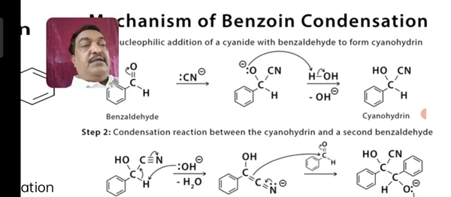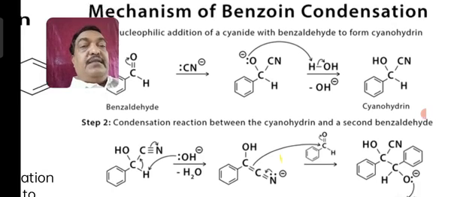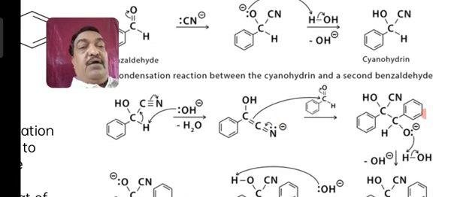Already in the reactions you have learned this, right? This cyanohydrin, with C triple bond N and H, you can see the H proton of the cyanohydrin and OH minus will be eliminated as water, and C triple bond N will become C double bond N with a lone pair of electrons on the nitrogen.